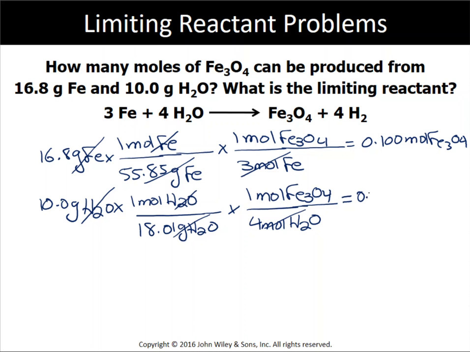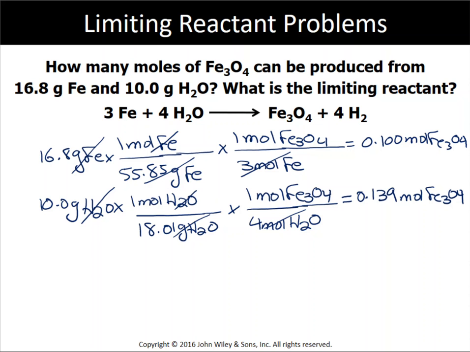Which is 0.139 moles of Fe3O4. Now, since I don't end up with the same amount of Fe3O4, it tells me that one of the reactants is limiting and the other one is excess.